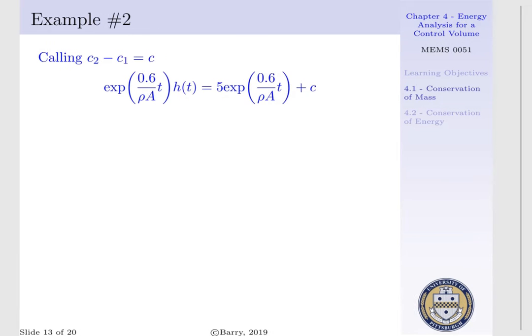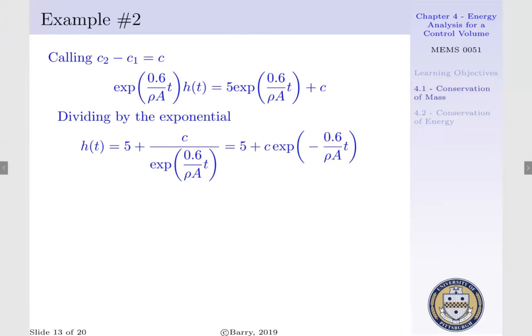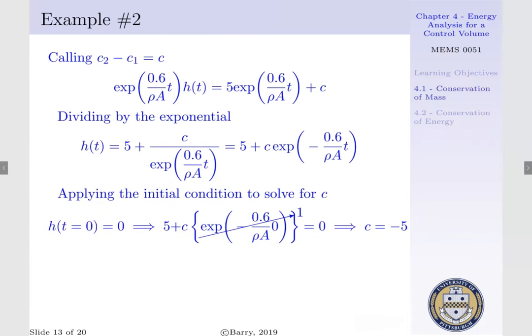Now if we divide by our exponential, h of t is going to be equal to 5 plus c per our exponential of 0.6 t per rho A, which is equal to 5 plus c, our constant of integration, times the exponential of the negative 0.6 t per rho A. And all we have left to do is to solve for our constant of integration by applying our initial condition.